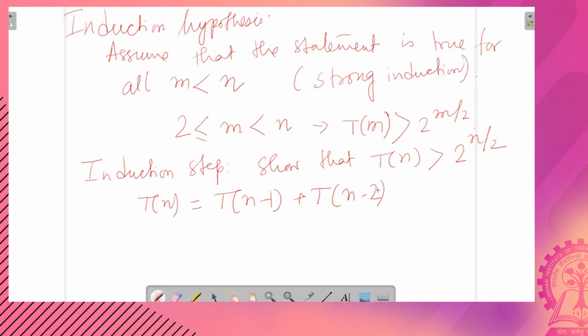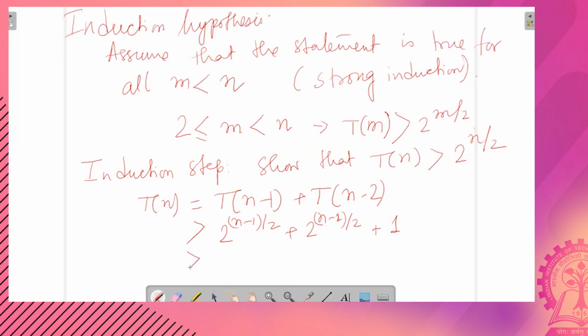And we can write that this expression is larger than 2 to the n minus 1 by 2 plus 2 to the n minus 2 by 2 plus 1. Okay.